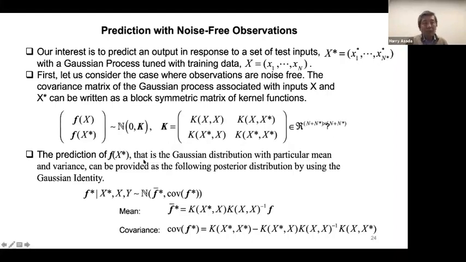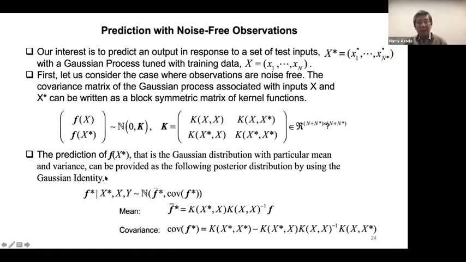Now the prediction of f(x star), which we would like to do, is a Gaussian distribution with a particular mean and variance, which can be provided as the following posterior distribution by using a Gaussian identity, the same equation that I used before. Please check this Gaussian identity.